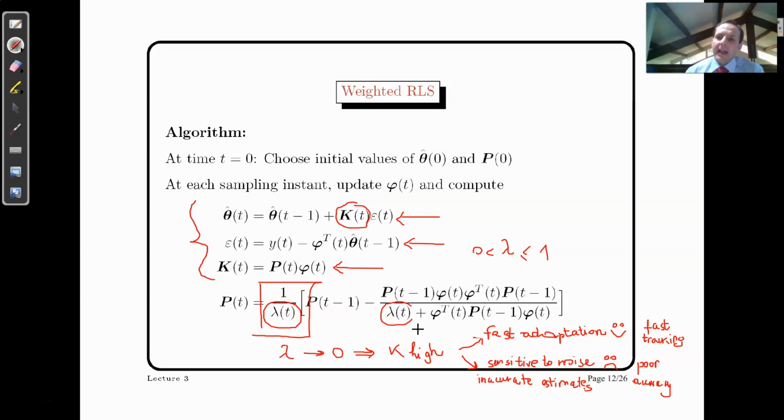But on the other side, you need to select it quite close to 0, because you want fast tracking, fast adaptation. So depending on the noise of the data, there could be an optimal value of lambda that can be estimated.